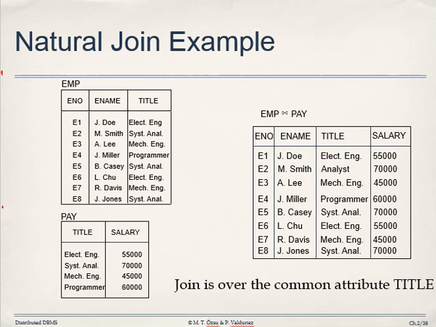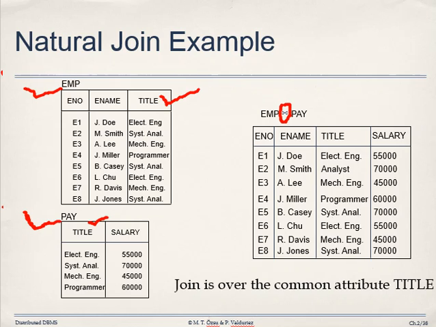This is the example of a natural join. We have an employee and pay table. Whenever we apply a natural join, one particular thing is that one attribute should be common. Is title available? Yes, with the same name, yes. So in this resultant table we have title only once.